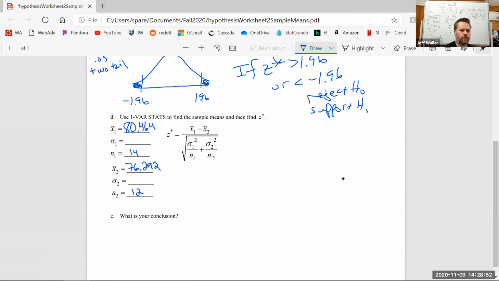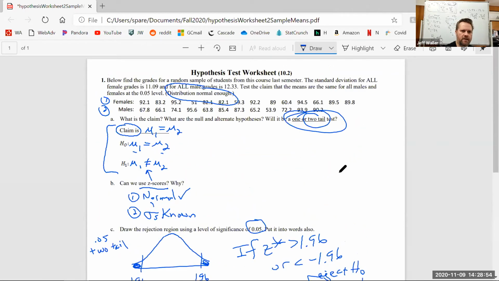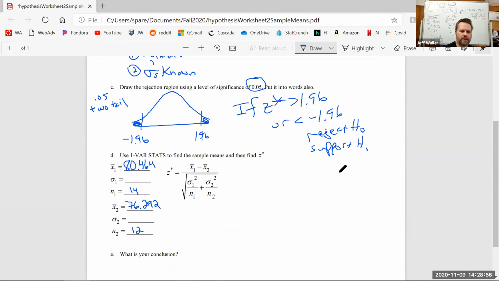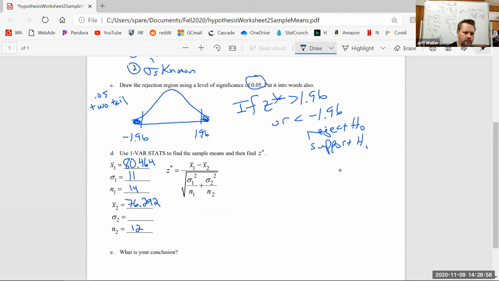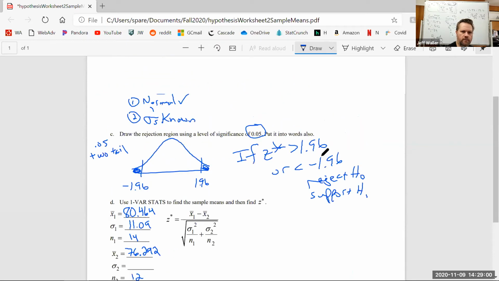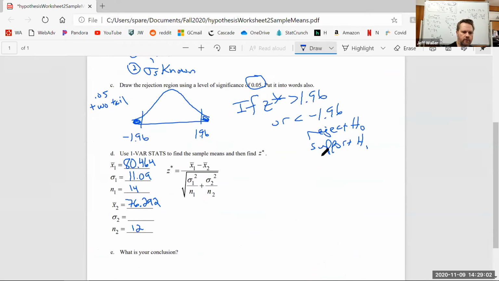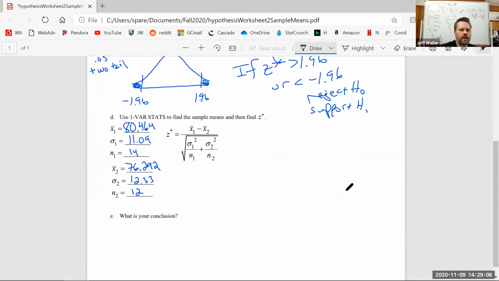For my women, it was 11.09 for the standard deviation, and my men were 12.33. Now take a minute, if you haven't already, and plug all that into the equation. Let's see what happens.